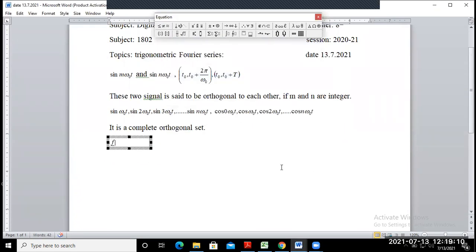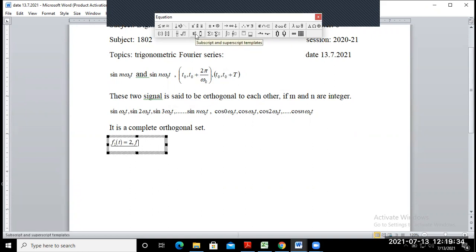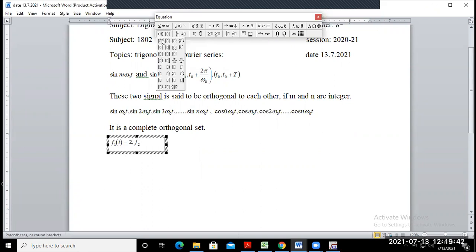So one function, that means f1t, if you want to represent it in another function f2t, suppose f1t is equal to 2, okay, and f2t, if you consider function 2, equal to 4, okay.